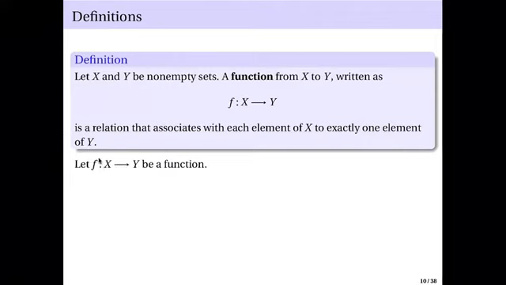So let F colon X right arrow Y be a function.